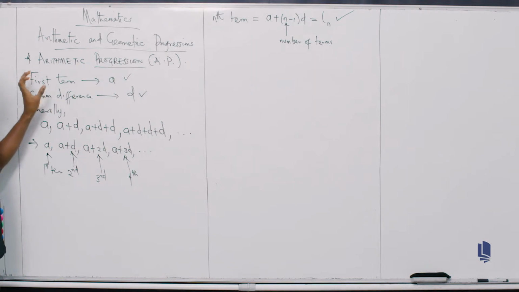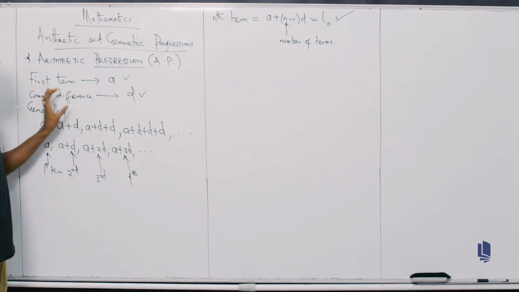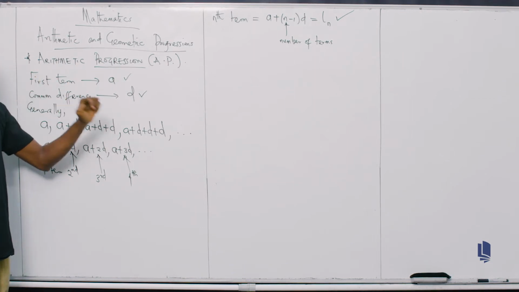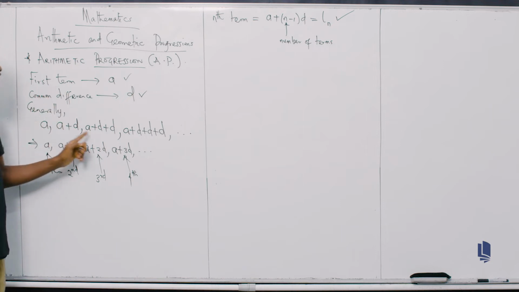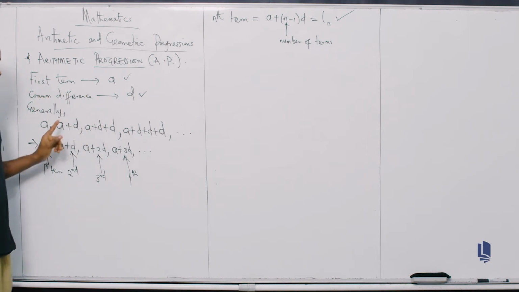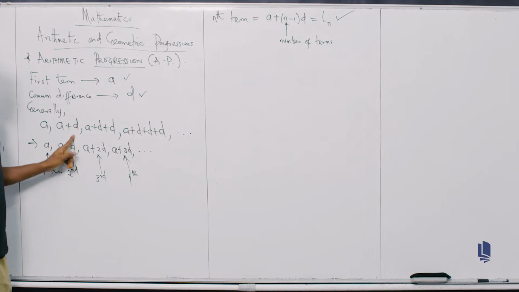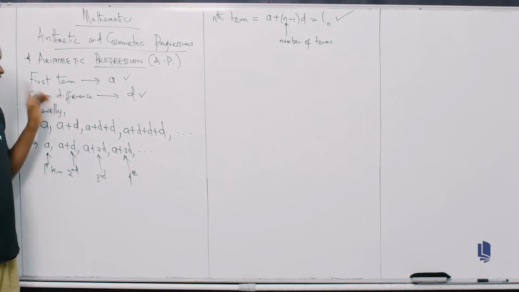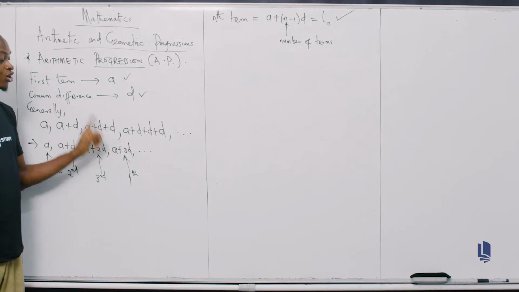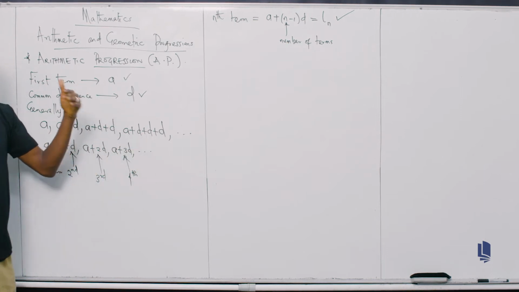The first term, which is the inception, the common difference, which is the term that is added to each of those sequences. So for the first term, I add the common difference, I get the second term. I add the common difference again, I get the third term. I add the common difference again, I get the fourth term, and so on and so forth.